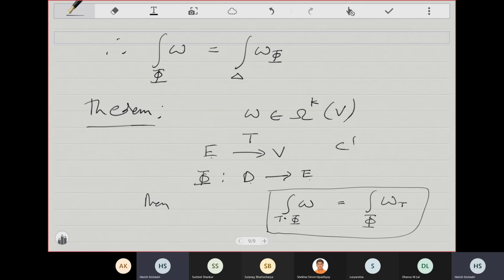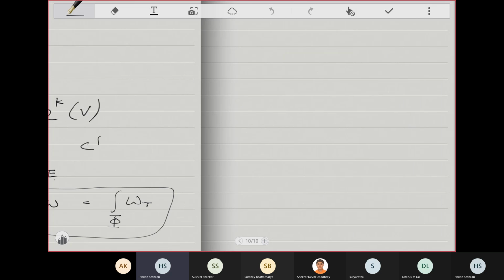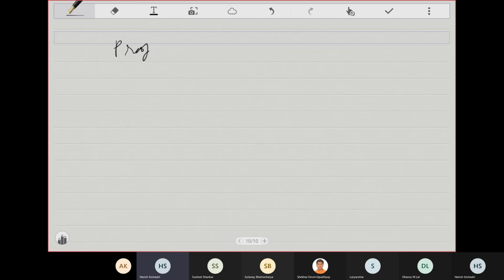So this is what we want. This is a general statement. So let's prove this using the main proposition.